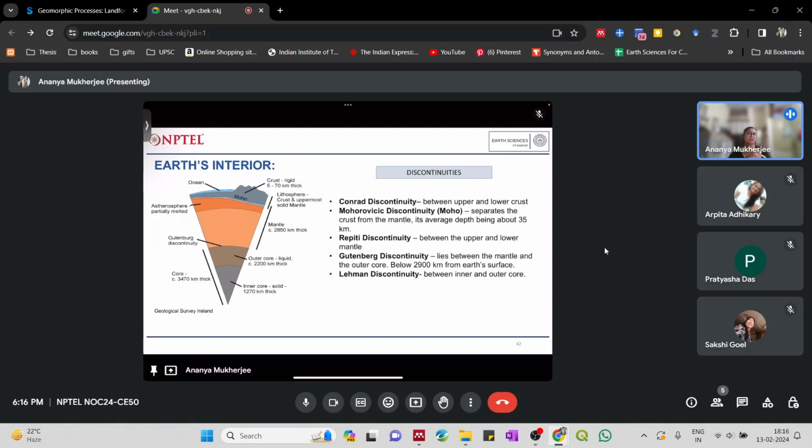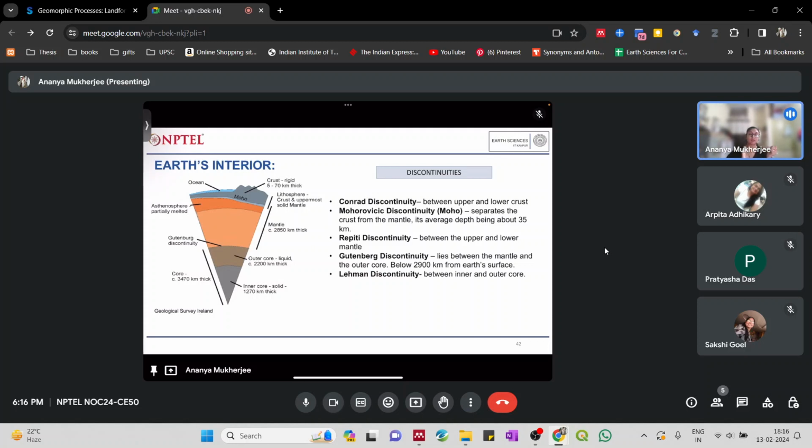So wherever these mechanical or chemical changes are seen, they demarcate those depths as a sort of discontinuity. Okay, so it's like a boundary between two subsequent layers.